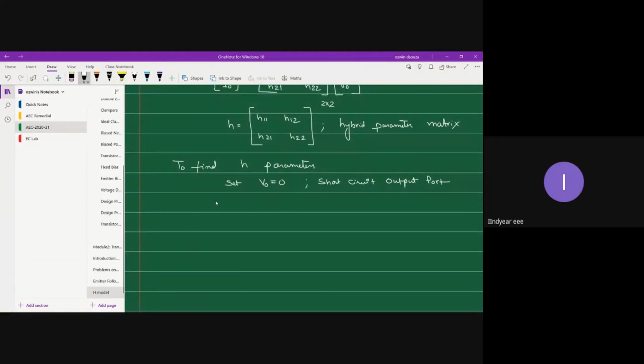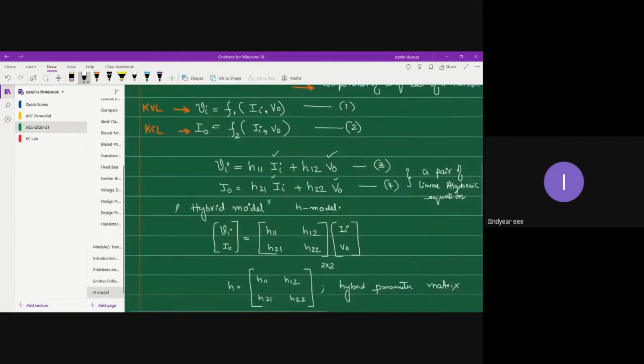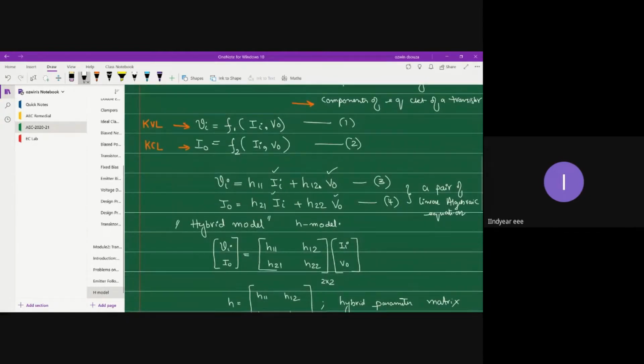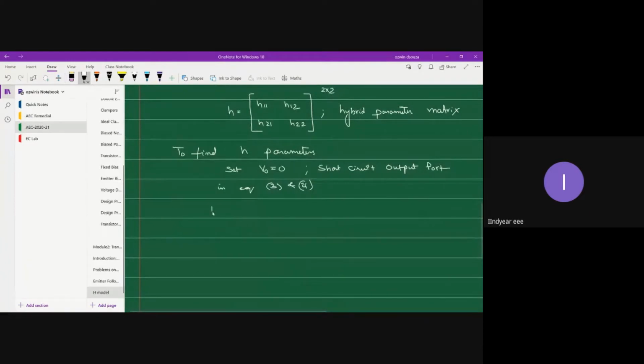In equations 3 and 4, when you force V0 is equal to 0, that is by creating a short circuit across the output port, what do you get? You get Vi is equal to H11 into Ii, and the second term becomes 0. So from equation 3, Vi is equal to H11 into Ii, and from equation 4 you get I0 is equal to H21 into Ii.